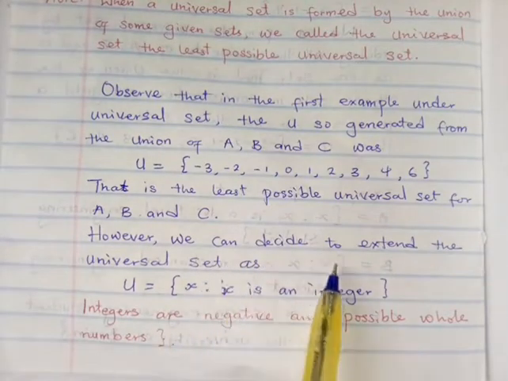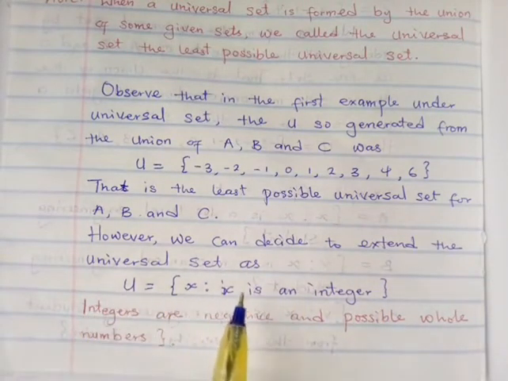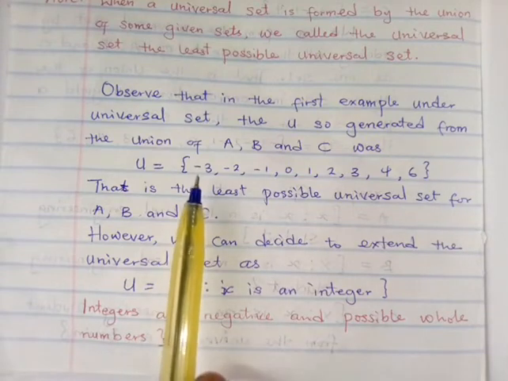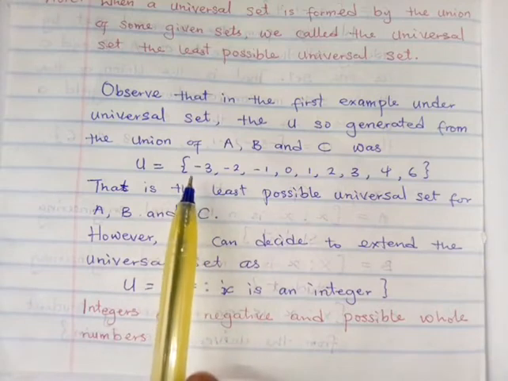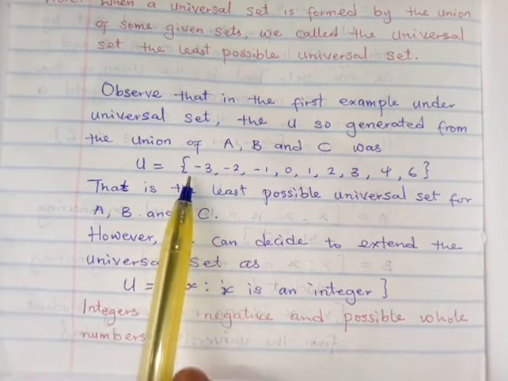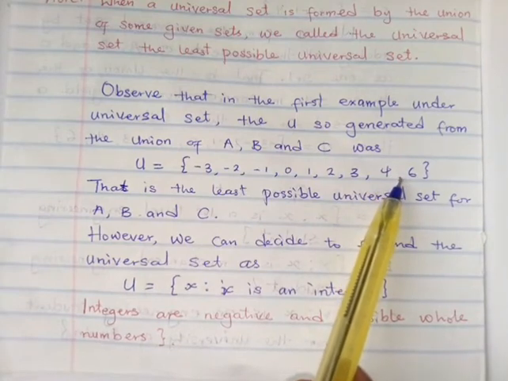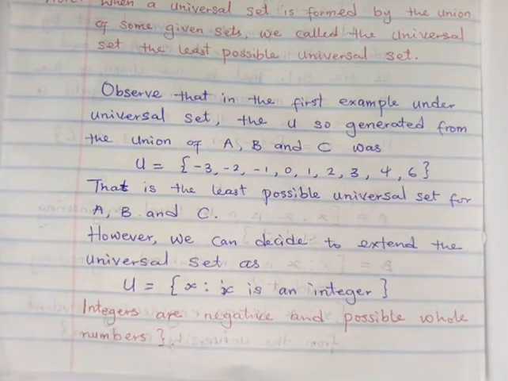However, we can decide to extend the universal set as U equal to {X: X is an integer}. What are integers? Integers are negative and positive whole numbers. If you look at this universal set, you will discover that it covers integers, but here 5 is not in it, right? So let's continue.